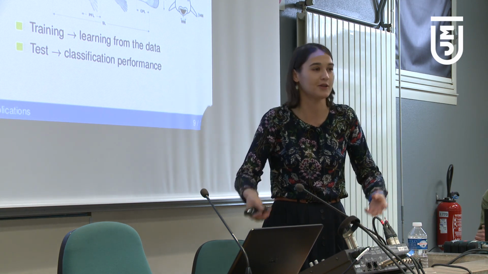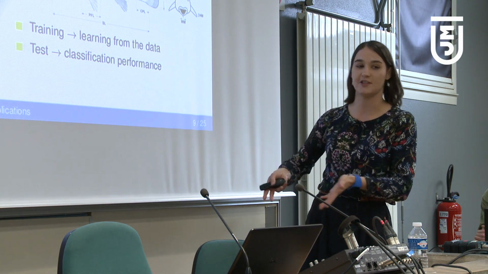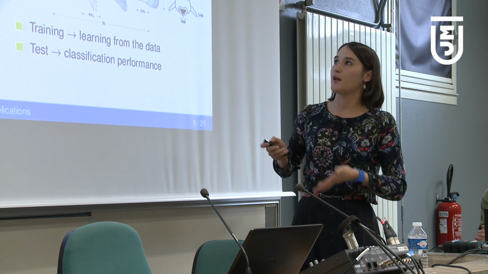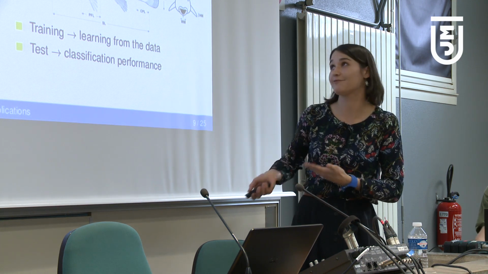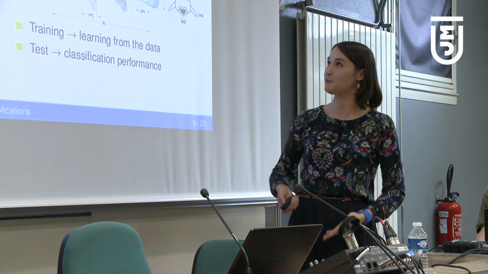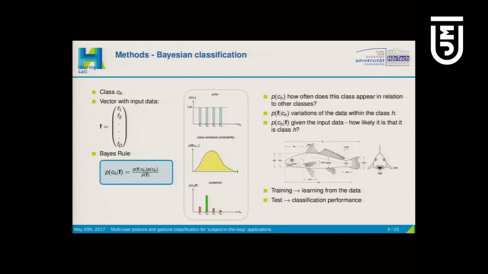So this is prior knowledge about the population of fishes that we have, and then the prior probability of the class with a bigger population would be bigger than for the other class. Here you can see C1, C2, C3, C4 are all equally likely, so all these fishes would be equally likely to be taken from the lake.